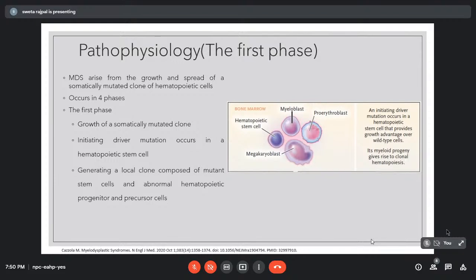So first, an initiating driver mutation occurs in a hematopoietic stem cell or a progenitor cell, any cell, in the bone marrow of any bone. It will lead to an increase in the size of that clone, and it will progress. This is the first stage. We will discuss the driver mutations in a subsequent slide. The mutation happens and the clone size increases.